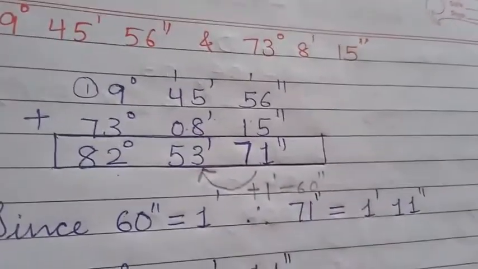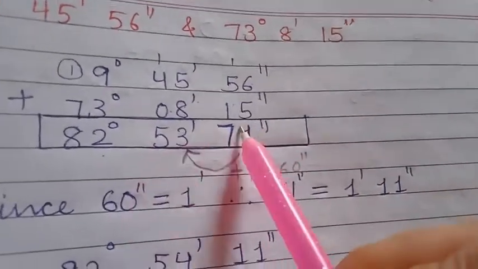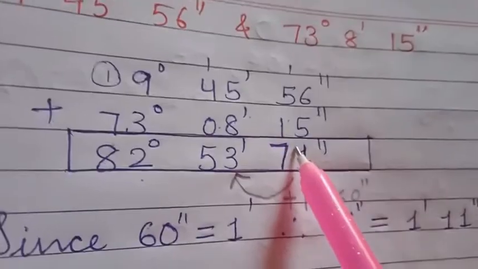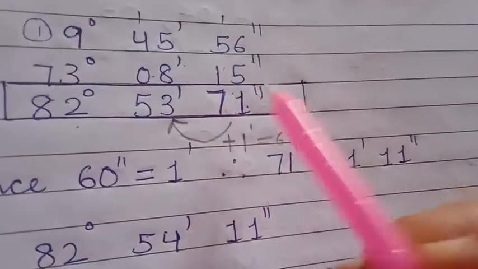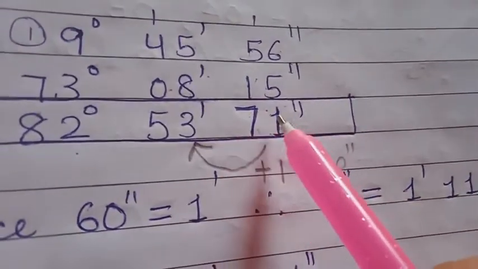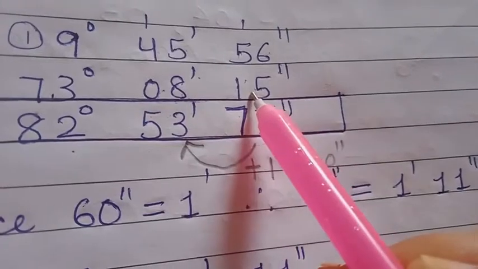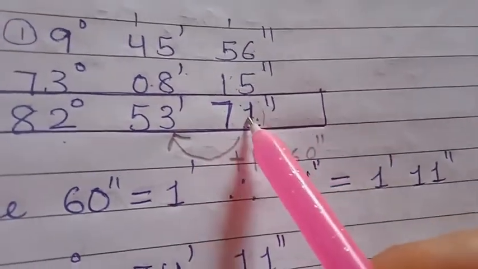Now here everything is alright except this 71. In this case this is more than 60, so the rule applies for this.